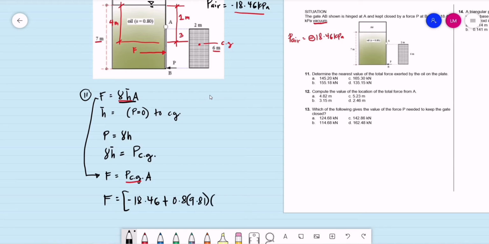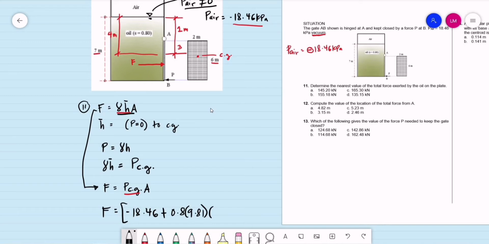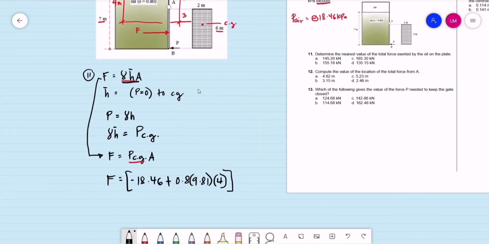Ano yung height ng oil hanggang sa center of gravity? Yun yung kinuha natin kanina, 4 meters. So, yung portion na yan ay yung pressure hanggang sa center of gravity, multiplied by the area of the gate. Ano yung area ng gate? That is 2 meters by 6 meters.